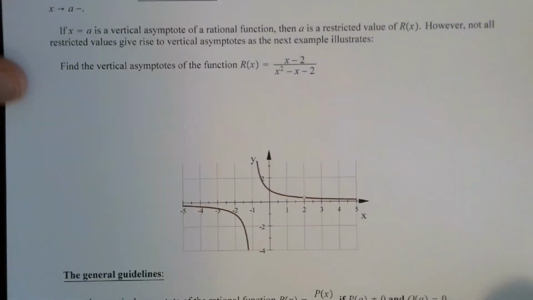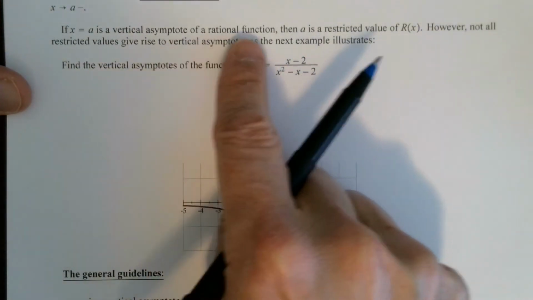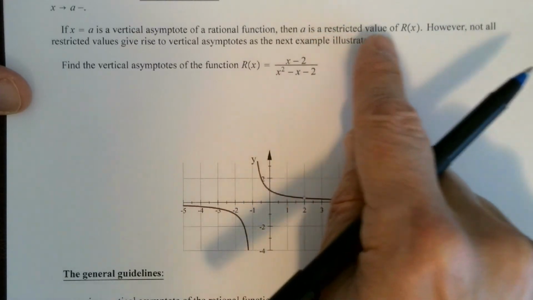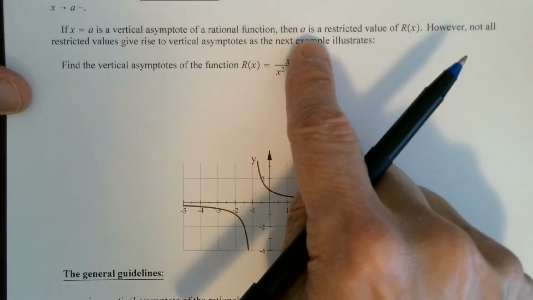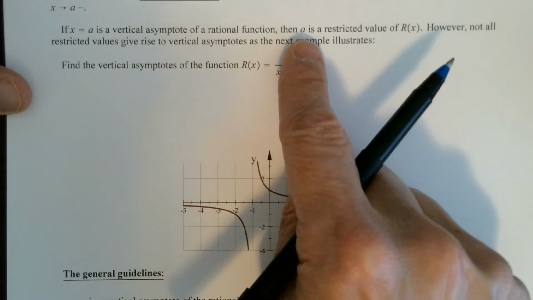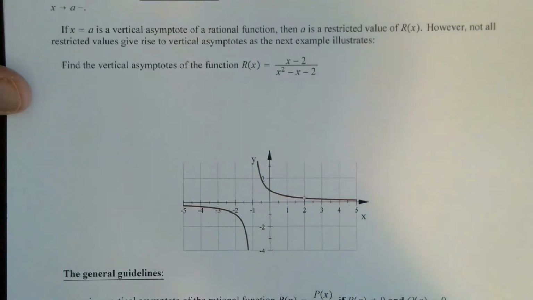So let's take a look at this. Now, if x equal a is a vertical asymptote of a rational function, then a is a restricted value. So if we have a vertical asymptote, then it has to occur at one of these restricted values. Remember, those are the values that make the denominator 0. However, not all restricted values give rise to vertical asymptotes.